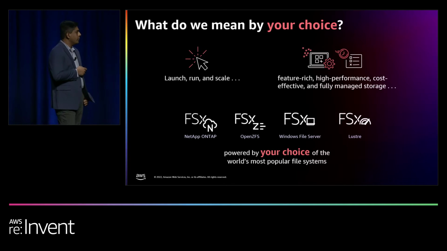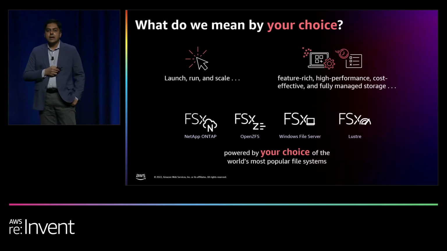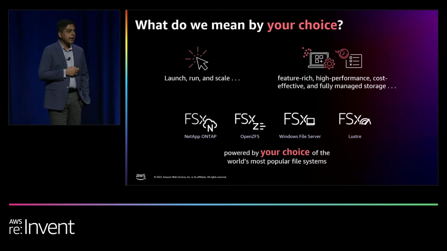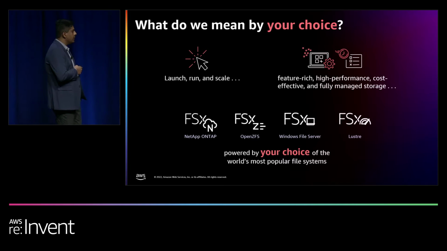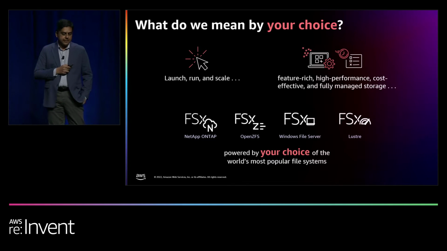We offer 4 choices in the FSx family: FSx for NetApp ONTAP, OpenZFS, Windows File Server, and Lustre. Depending on your workload needs, you can spin up a file system of your choice, connect your applications to it, and get going.